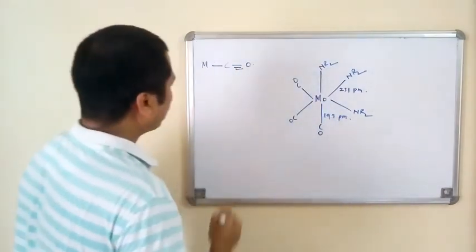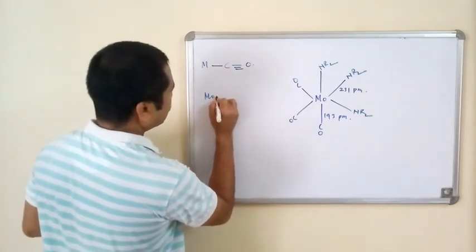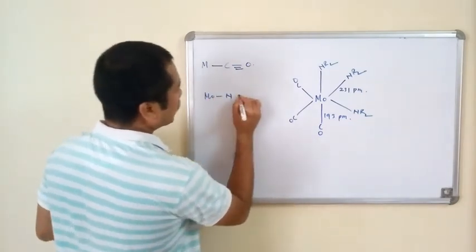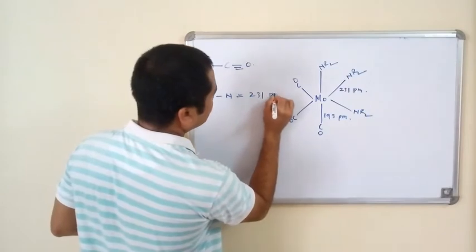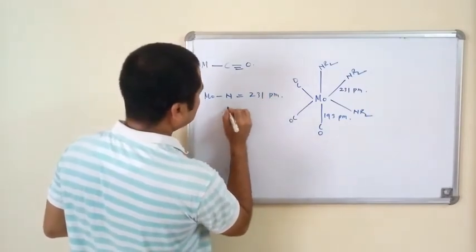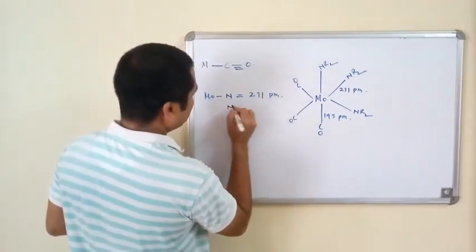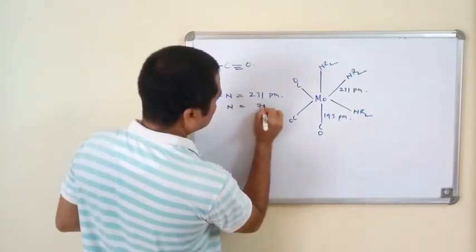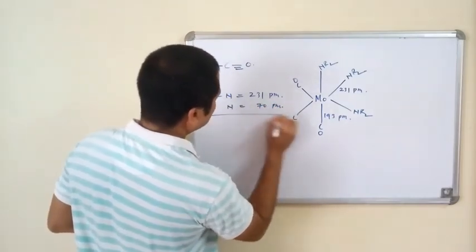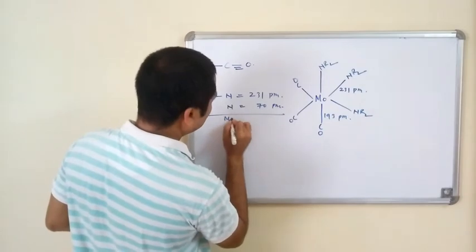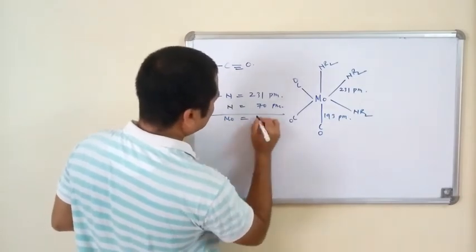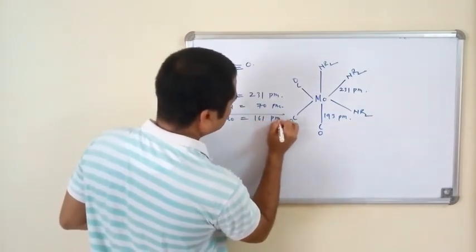Now if you take the molybdenum nitrogen bond distance, which is 231 picometer, and deduct the covalent radius of nitrogen, which is 70 picometer, what you will get is the covalent radius of molybdenum, so it will be 161 picometer.